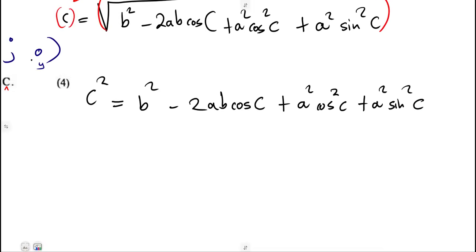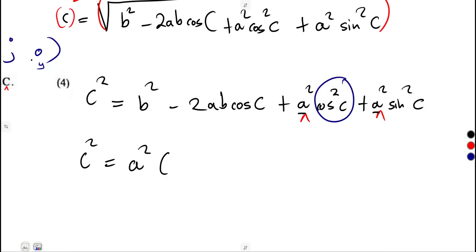But as we can see, there is something common here. A squared, A squared. So let's factor out that A squared. If I factor out the A squared, I'm going to remain with cos squared C plus sine squared C.